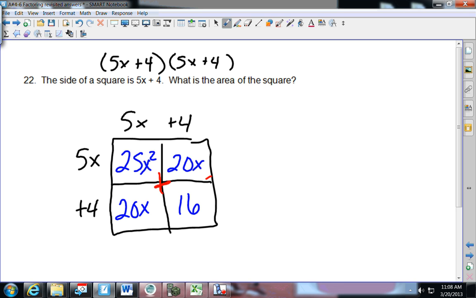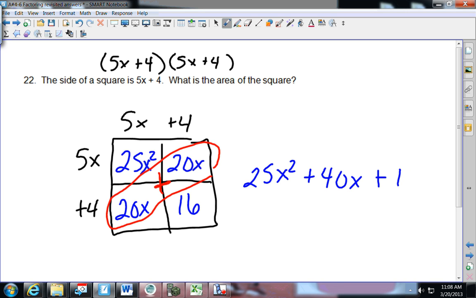I'm going to add these two x boxes together, and I get 25x squared plus 40x plus 16, and that should be your answer.